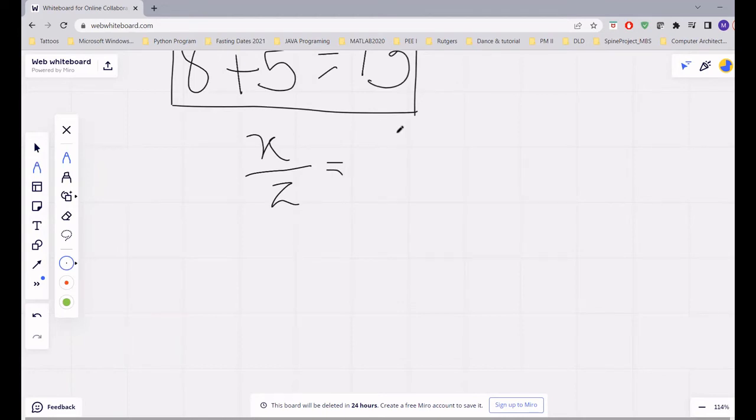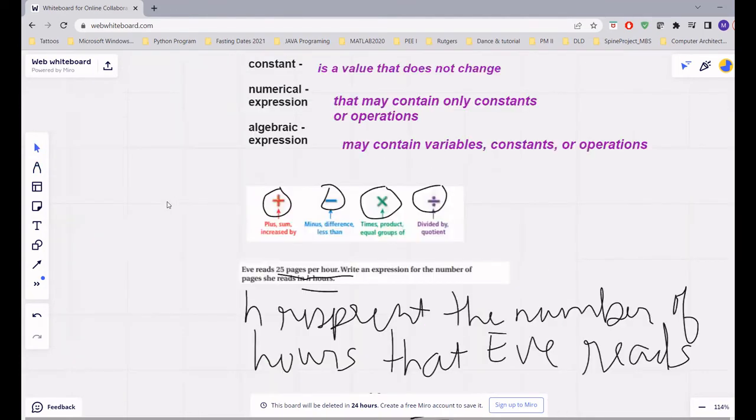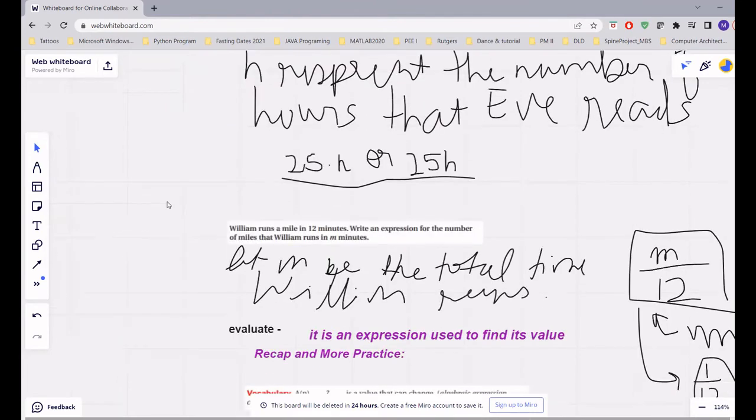So x is 8 and z is 4. And if you simplify that, we get 2. And this is how we evaluate an algebraic expression. Okay, now let's move on to recapping and solving more problems.